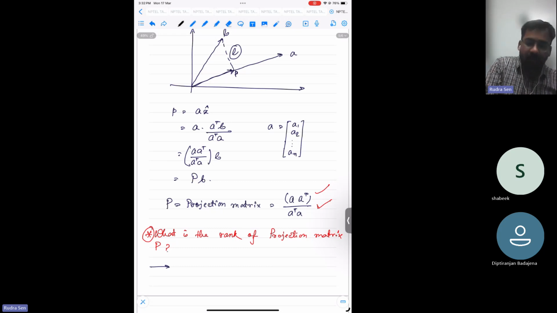If it's a fraction less than one, you basically multiply. So you do not need to worry about the denominator, you just think about the numerator. What would be the rank of this projection matrix? Anyone?